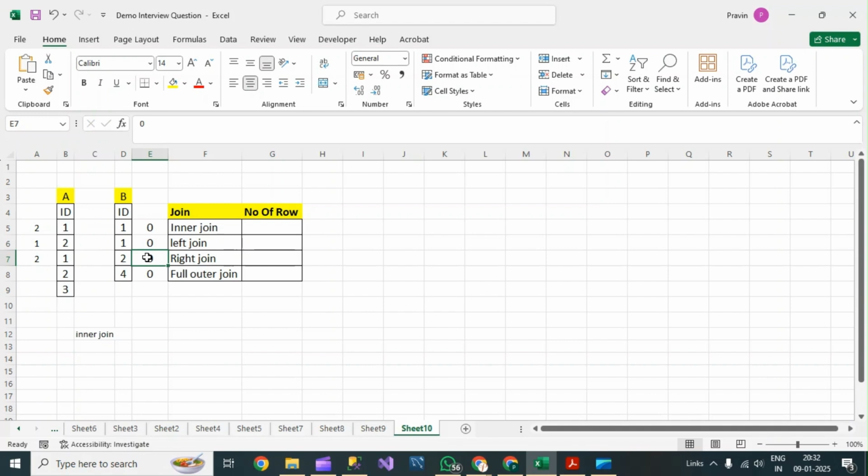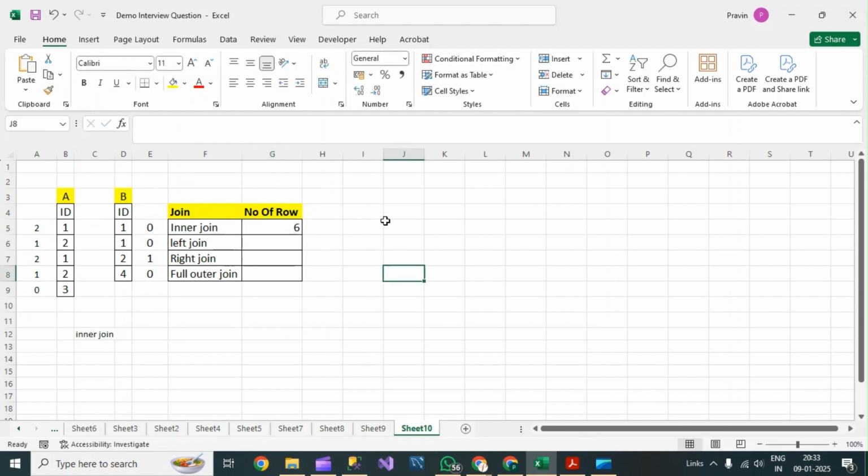Only one record will match, and for 2 to 4 it will be 0, because 2 does not match with 4. So for the 2 it will be 1. Then 3: the 3 is available in A table but not in B table, so for the 3 it will be 0. If we calculate, it will be 6 records for the inner join.